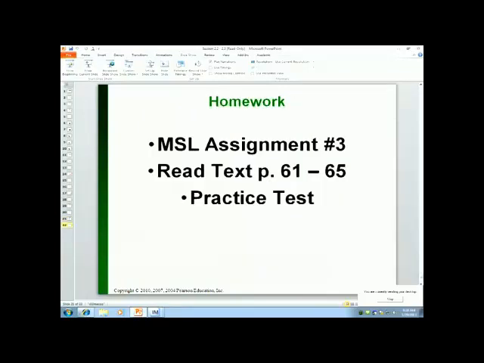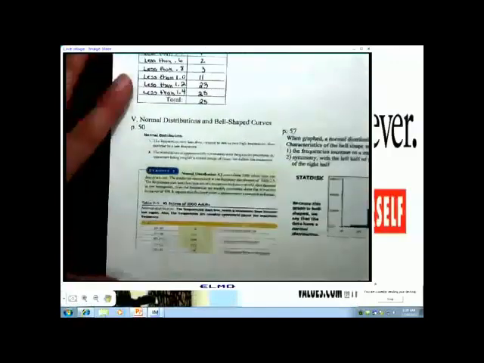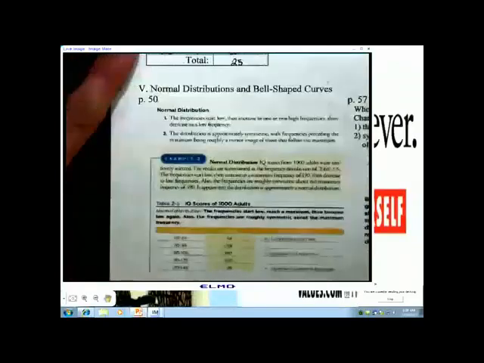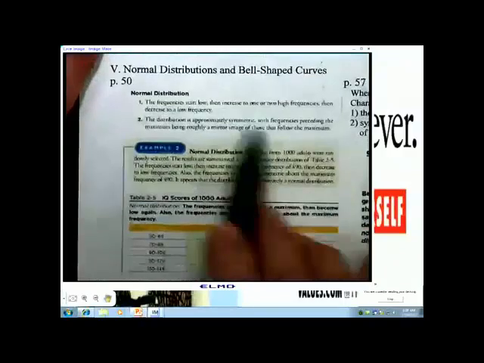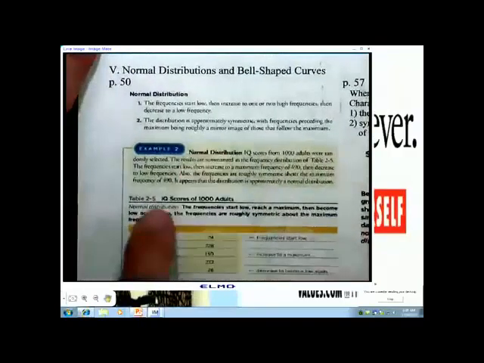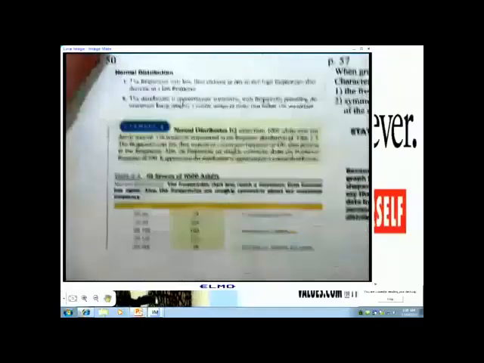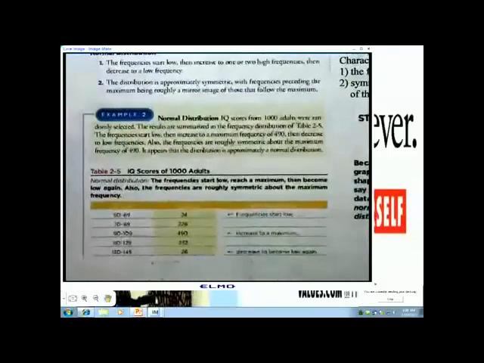Now, I think there's one other graph that I put on the handout. Well, not graph, but a frequency distribution. And I put a couple notes here about the normal distribution, the ones I've already mentioned. This table 2.5 in example 2 gives a frequency distribution for IQ scores.